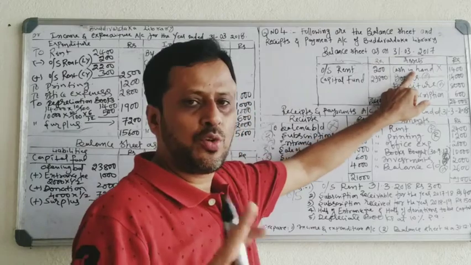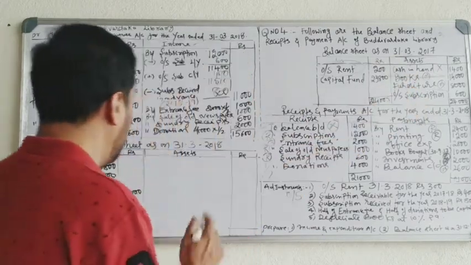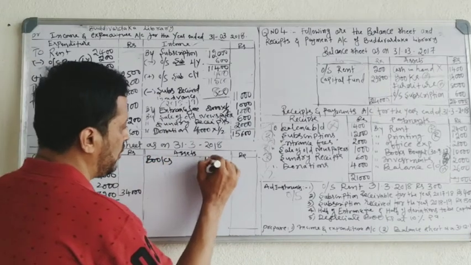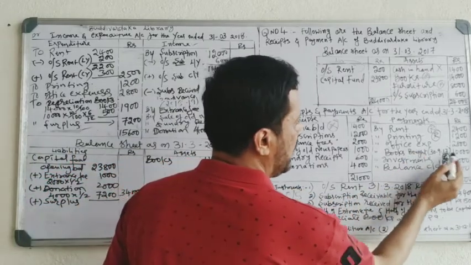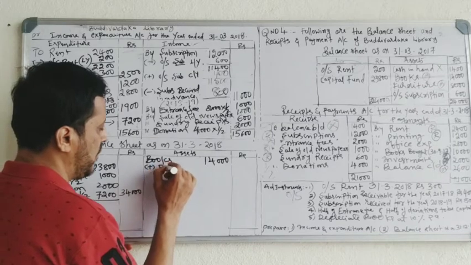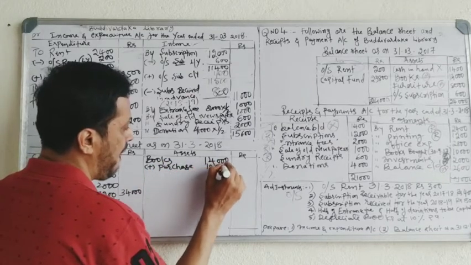Cash in hand you should not take because it is last year's cash balance. There are books. How do we write the books in the balance sheet? Old books were 14,000. They have purchased books, add purchase 10,000.